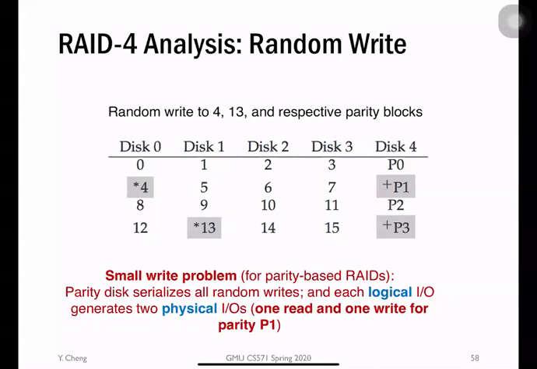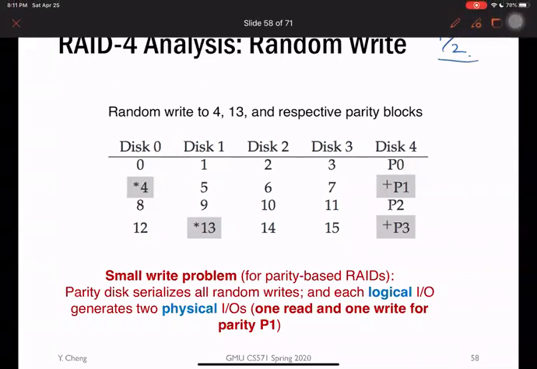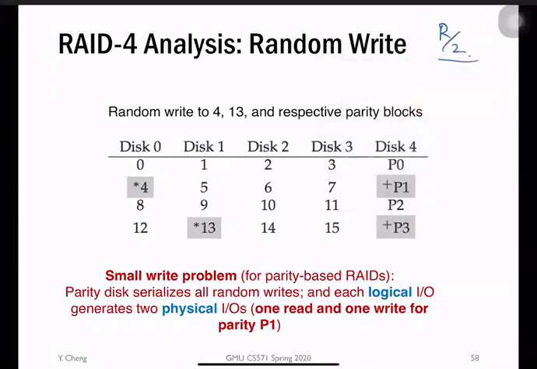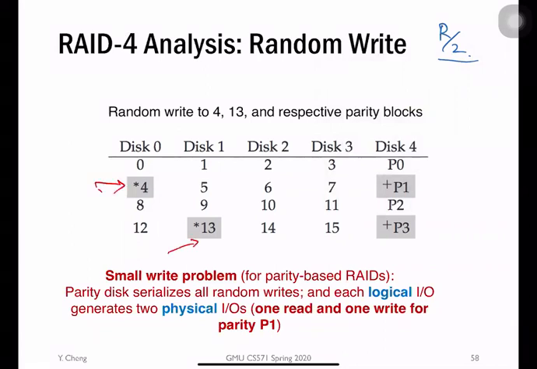In this slide, an example further illustrates the analysis of random write, to reason about why a random write is R divided by 2. Let's say we have random writes that hit logical block 4 and logical block 13.